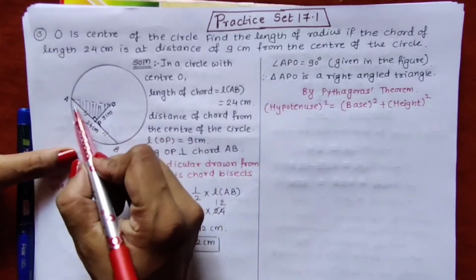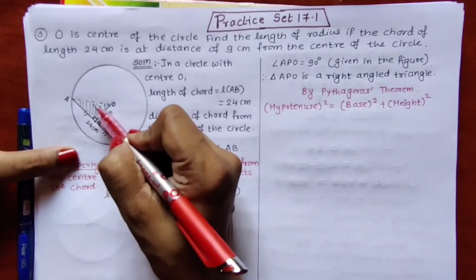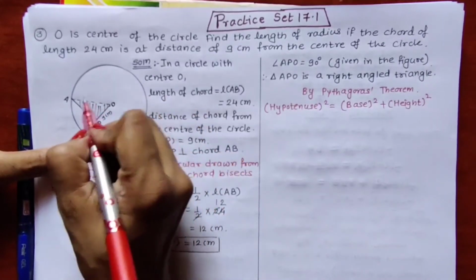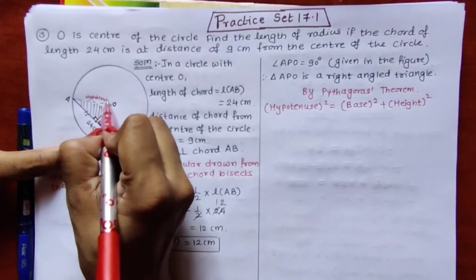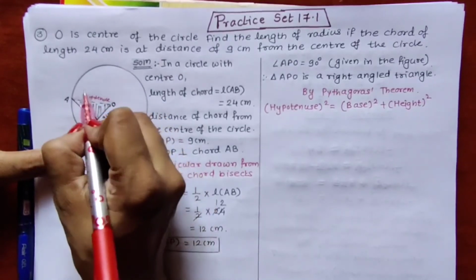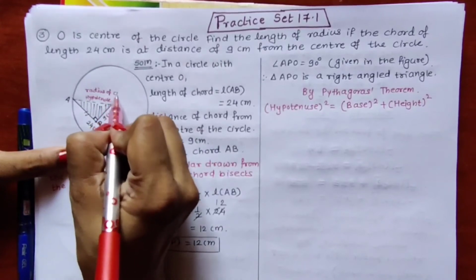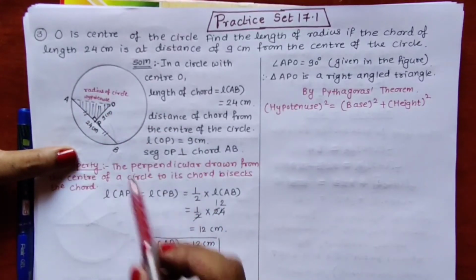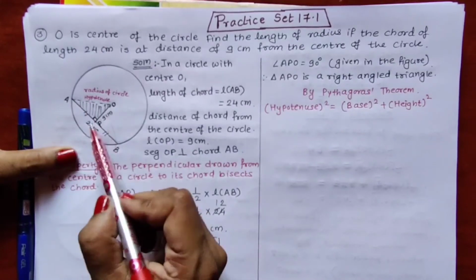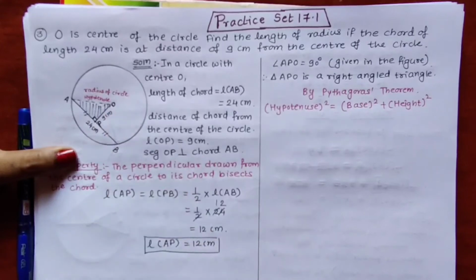As we can see here, AO is the side exactly opposite to the right angle, and that's why AO is the hypotenuse here. It is the hypotenuse of the right angle triangle and also the radius of the circle. So if AO is the hypotenuse, AP can be considered as base and PO as the height.